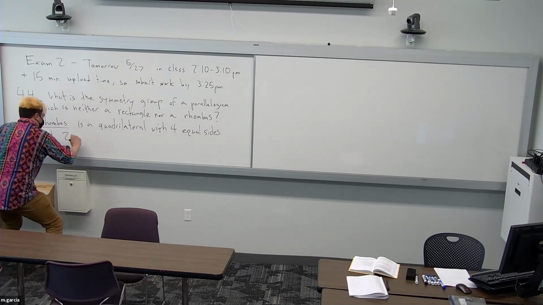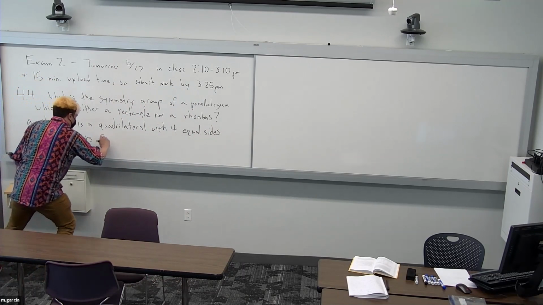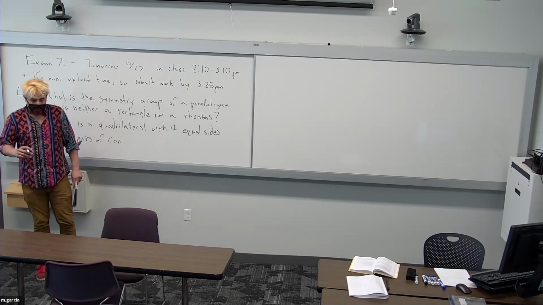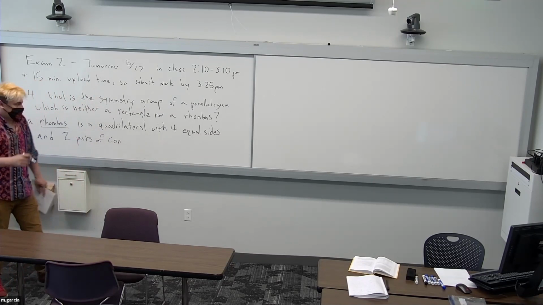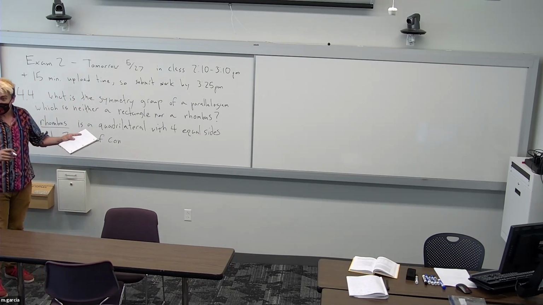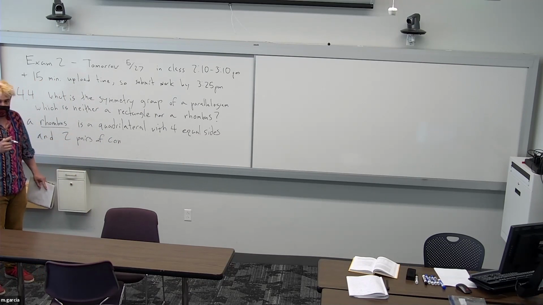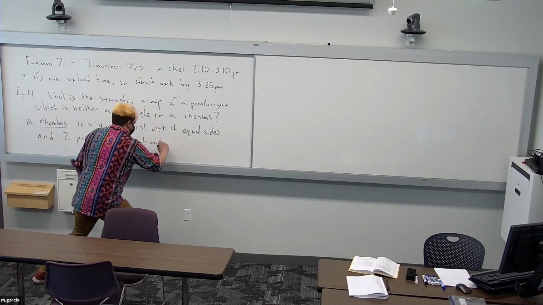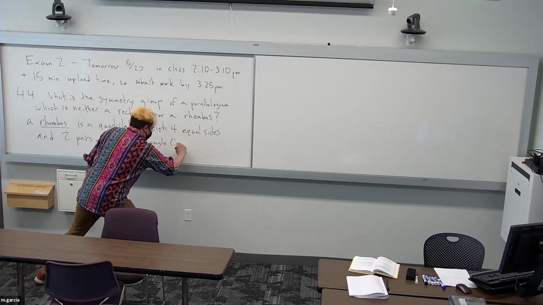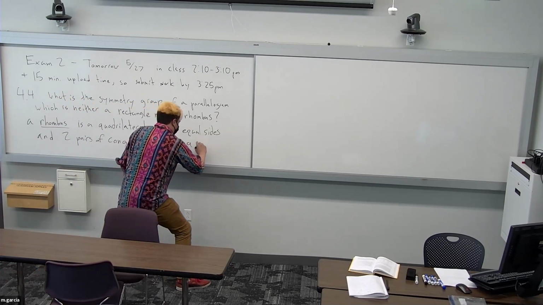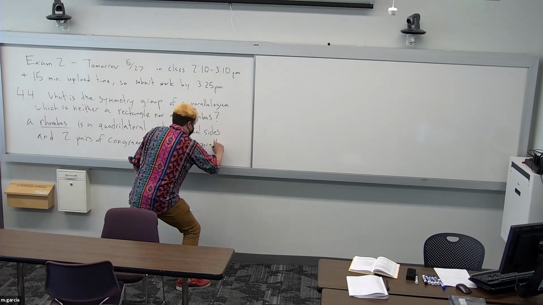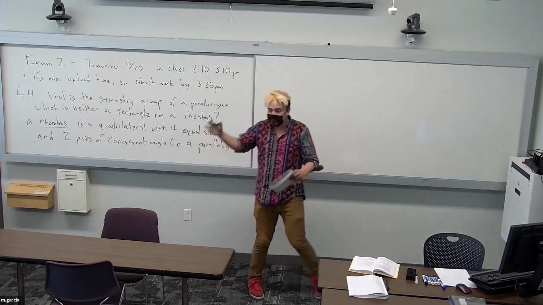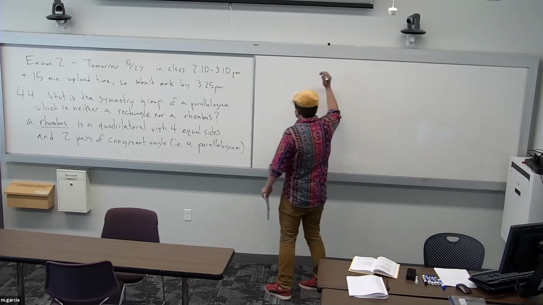Well, that's not specific to a rhombus, is it? That's just about parallelograms. So a rhombus is a parallelogram, right? Yeah. Okay. 2 pairs of congruent angles, i.e. a parallelogram. So a parallelogram with 4 equal sides, right?